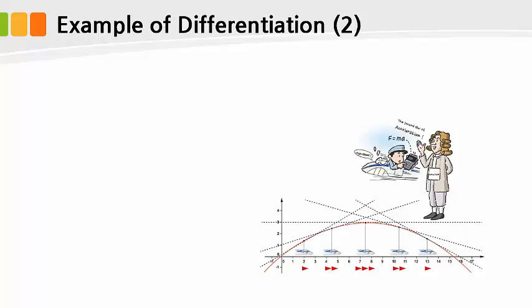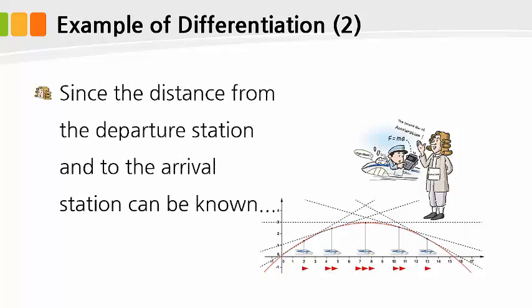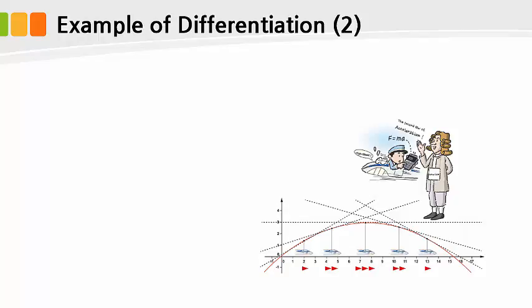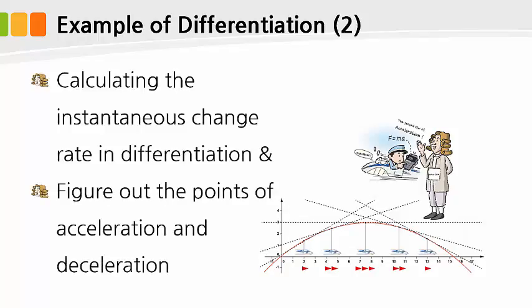Since the distance from the departure station to the arrival station can be known, calculating the instantaneous change rate and differentiation figures out the points of acceleration and deceleration.